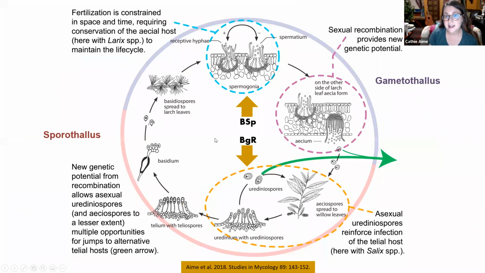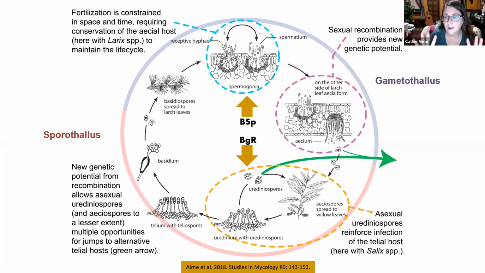And in the sporophytic host, we see very strong evidence for biogeographic radiation or host jumping. And both of these processes are acting on rust fungi, but they're acting on different parts of the life cycle. And so this really, we believe, allows a lot of flexibility into this kind of adaptive life cycle.